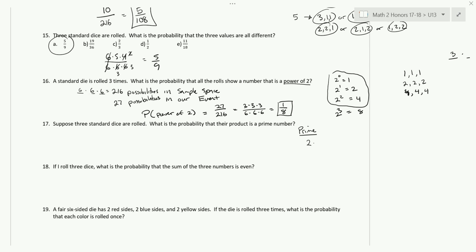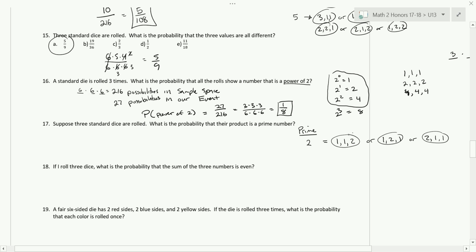What are they? 1 times 1 times 2. But there's variations of that, right? 1, 1, 2, and 1, 2, 1, and 2, 1, 1. So there's 3 different variations of the 2 1s and a 2, and that's the only way we can get a prime number of 2.